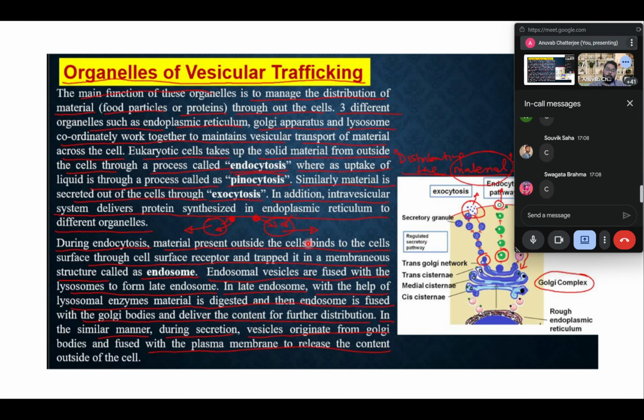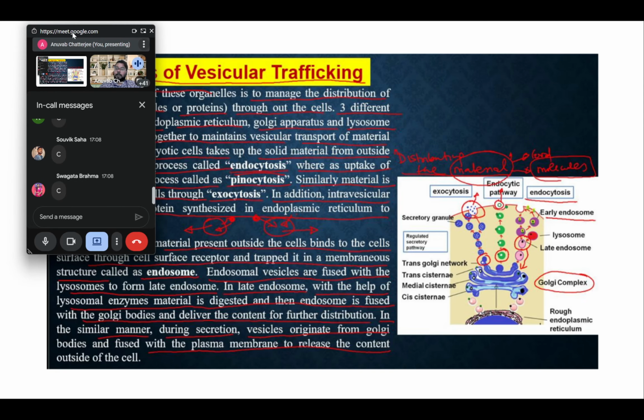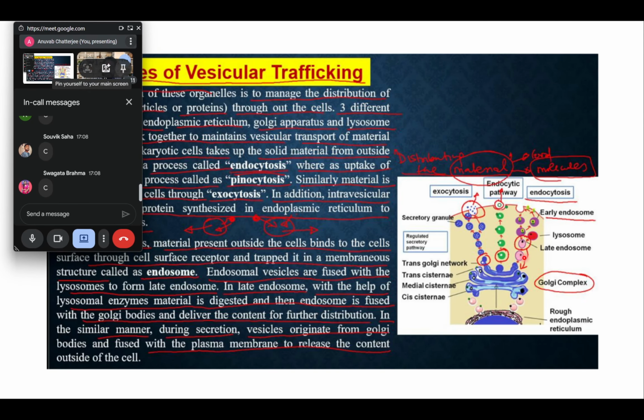So in the cell, most things that come in from the outside or are secreted outside do so in single-walled vesicles, which look something like this. These are essentially balls of membrane that have turned in on themselves to form a spherical structure, called vesicles, and these go either outside the cell or are taken inside the cell.